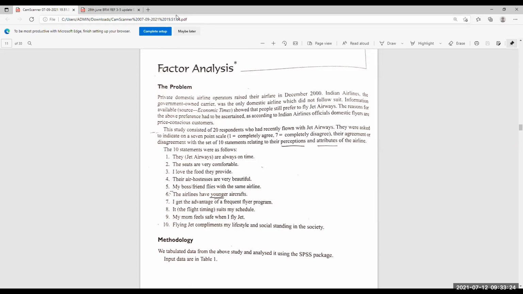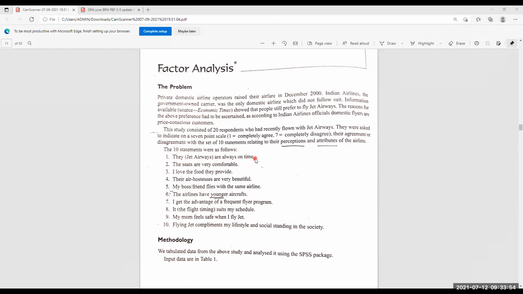So what are some of the statements? The statements were like this. Let me just put the spotlight. The 10 statements were, first statement was, Jet Airways is always on time. So you can imagine how the questionnaire is made. People had to answer on a scale of 1 to 7, where 1 is completely agree and 7 is completely disagree, right?